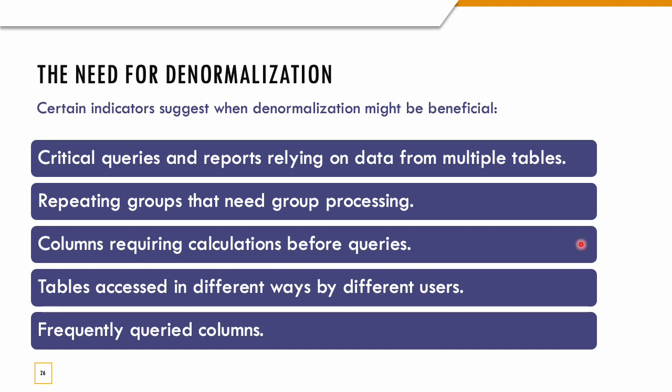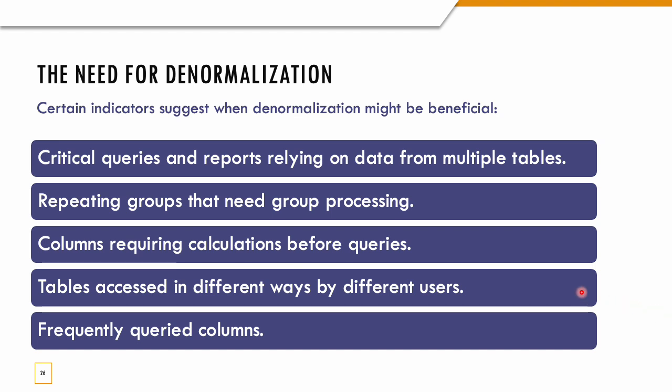Columns requiring calculations before the queries. If certain columns need calculations applied before they are used in the queries, denormalization can store pre-computed values, which will of course lead to speeding up the query processing.